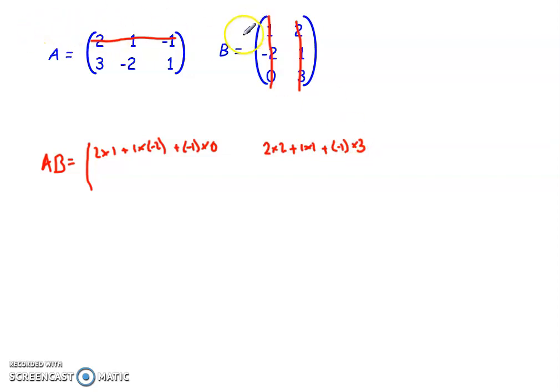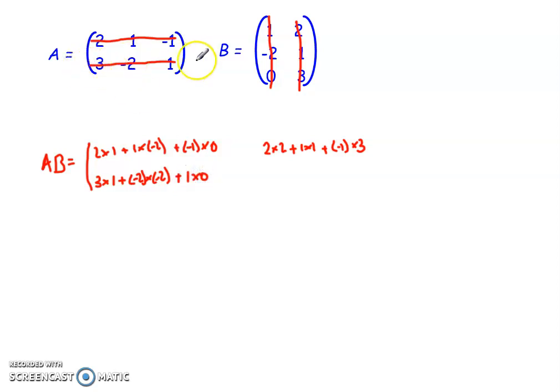Now that's me exhausted all possible columns that I can combine with this row, so I then move on to the second row here. So what I do is take the second row, multiply it by the first column. I'll have 3 times 1 plus negative 2 times negative 2 plus 1 times 0.